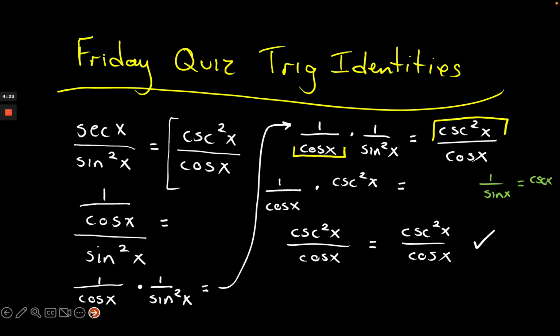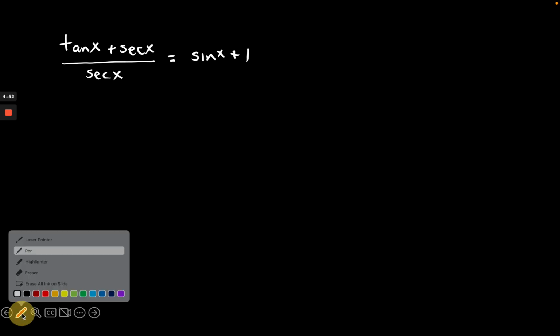All right, let's look at the next one. So the next one we have tangent x plus secant x over secant x, and that equals sine x plus 1. Usually we're going to try to work with what looks like the more complex side first.